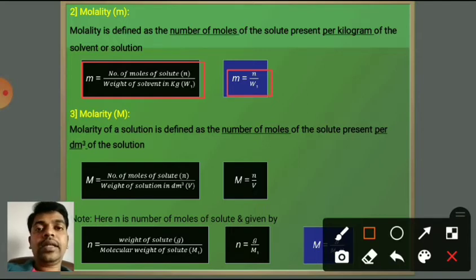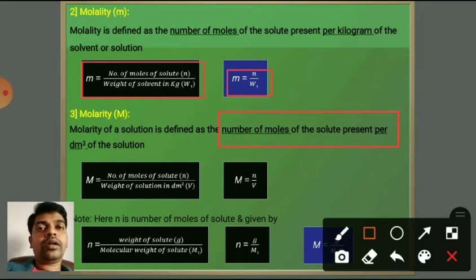Now next, the molarity. This molarity is represented by the capital M. Molarity of solution is defined as the number of moles of solute present per liter, or you can say per dm cube of the solution. For every 1 liter of solution, the number of moles are calculated, so we get the molarity of that given solution.